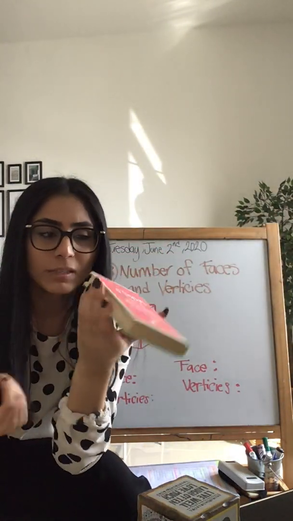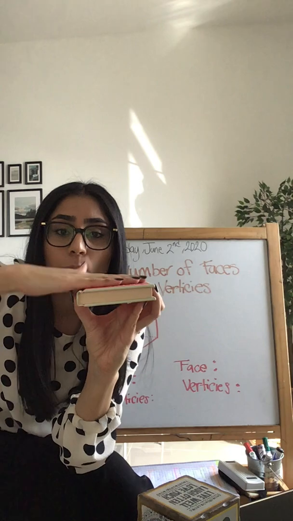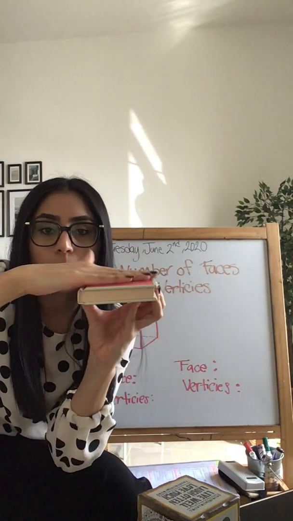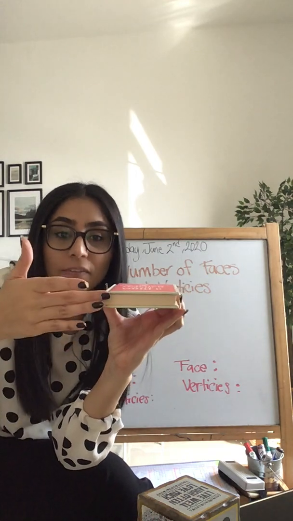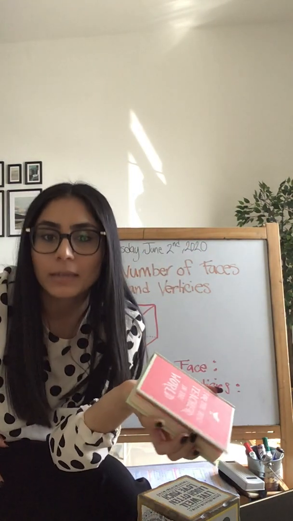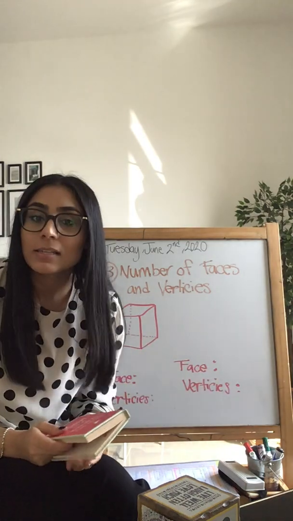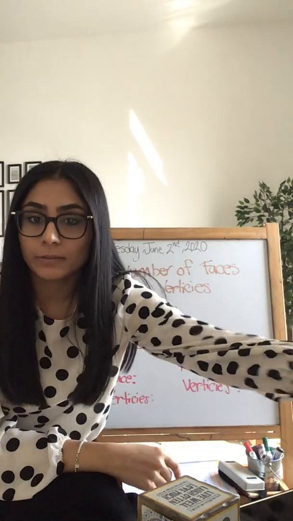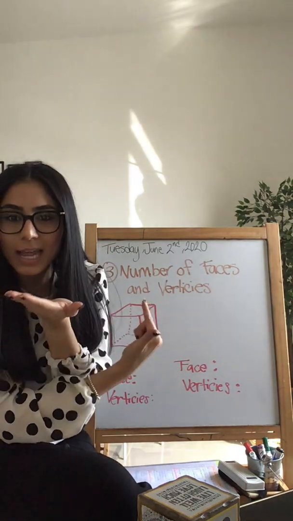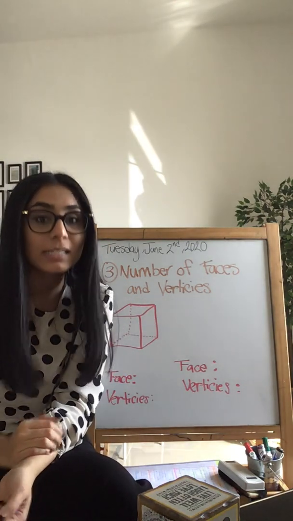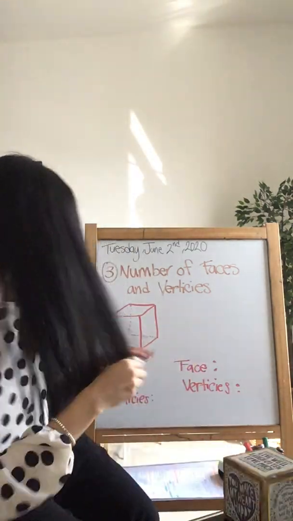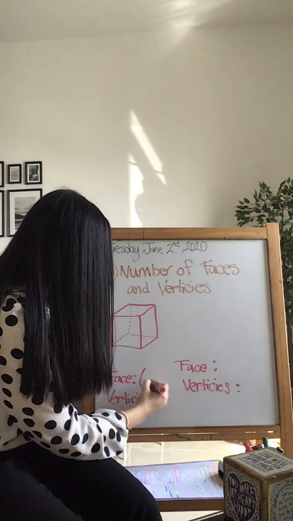It's a rectangular prism, but again, there's one at the top, one at the bottom, and 4 on the sides, right? So every novel that you read has 6 faces. All your math textbooks, right? They have 6 faces, the top, the bottom, and then the 4 sides. So this cube or rectangular prism will have 6 faces, right?